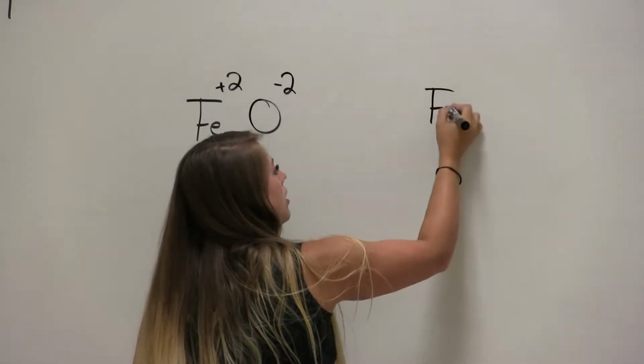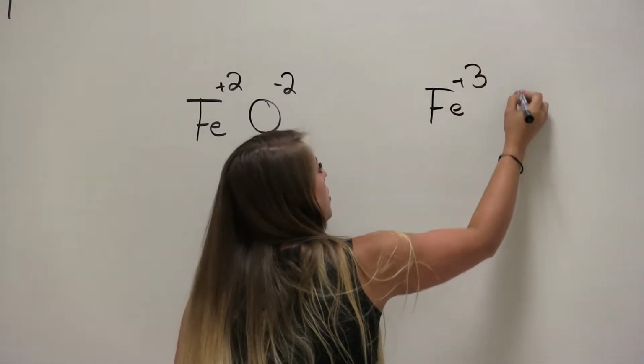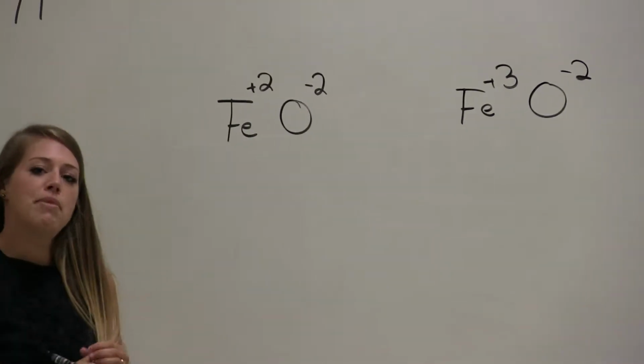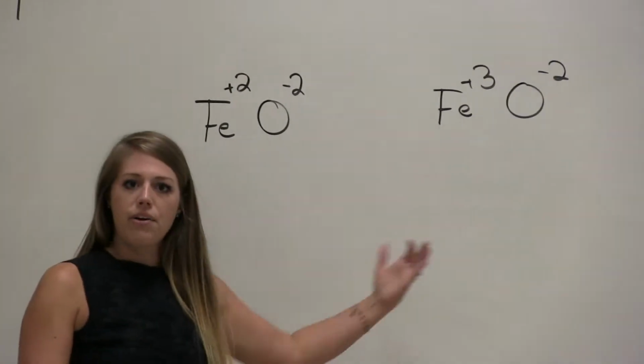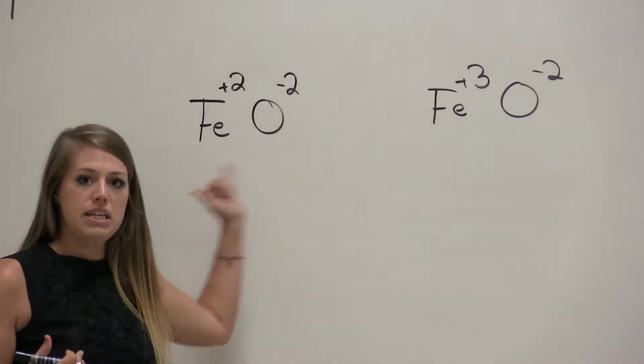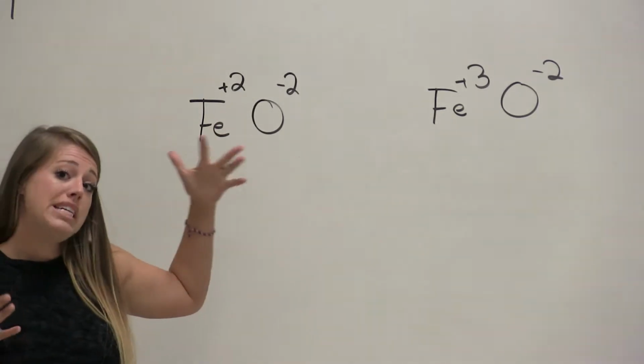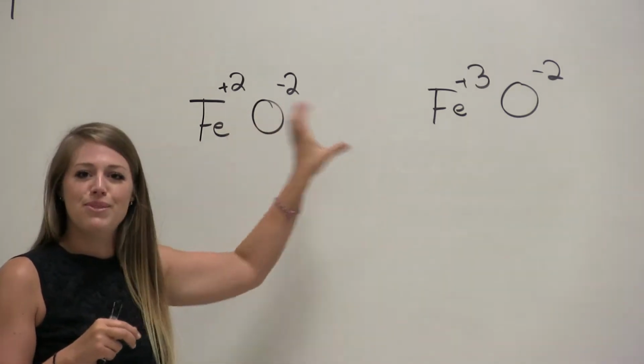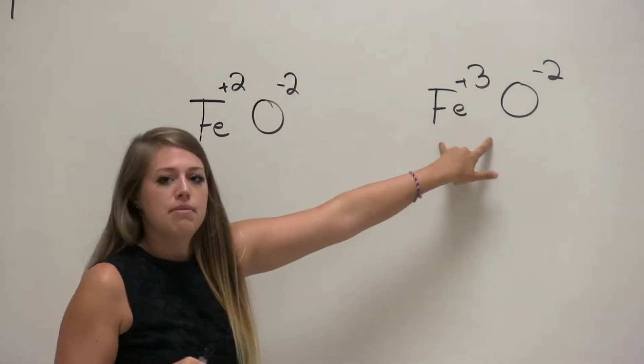And we're going to take iron plus 3, and also react it with oxygen. Now, the problem is if I were to just write iron oxide, how would I know which iron I'm dealing with? These ions are very different in nature, and they'll have different properties.